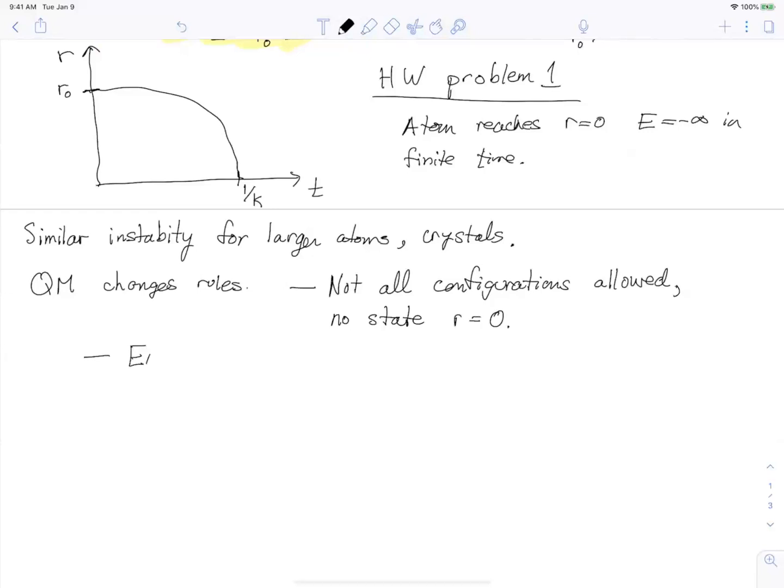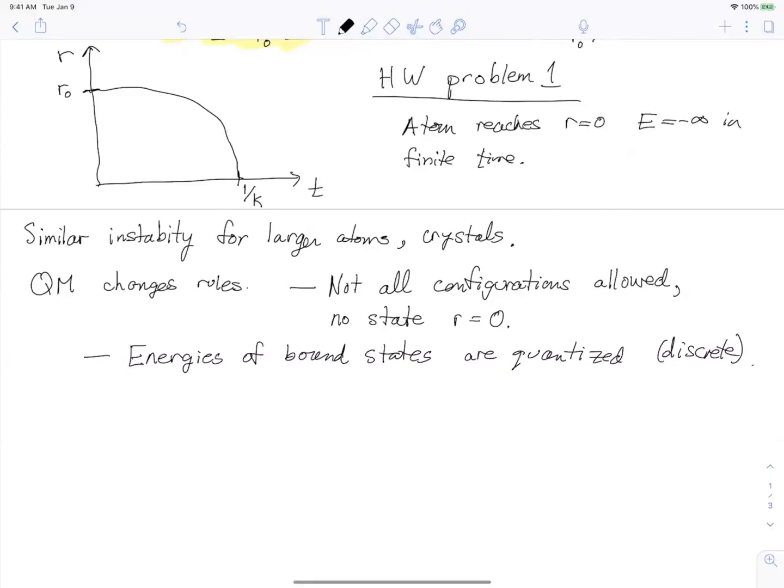The energies of bound states are quantized. What does that mean? Quantized just means discrete. That means there's a fixed set of them that you can have, and going back to the previous point, you can't have certain other ones.